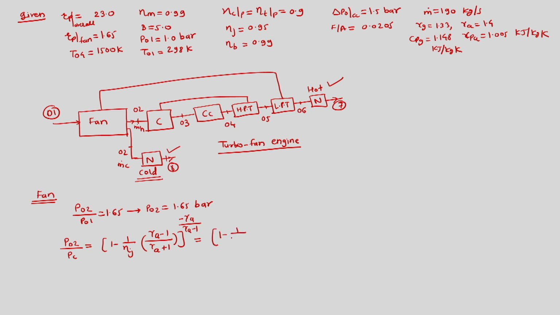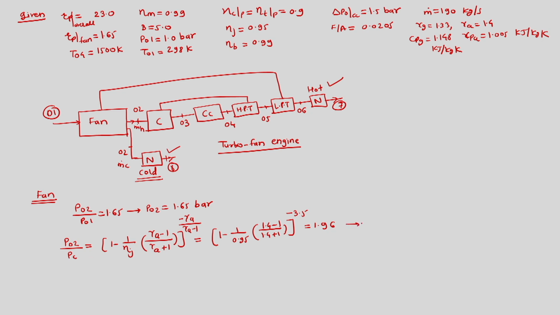We can write it as 1 minus 0.95 into (1.4 minus 1) divided by (1.4 plus 1), raised to minus 3.5. This gives us the ratio as 1.96.